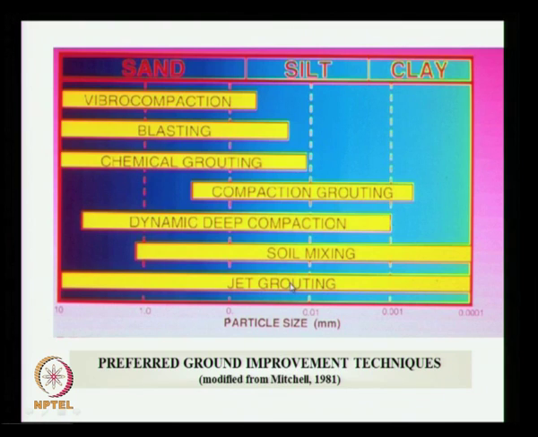You do that so that the soil will get improved. There are special machines available to do the jet grouting. If you search on the internet for jet grouting, there are some companies like Keller, Bhumi, who have special equipment to do the jet grouting.